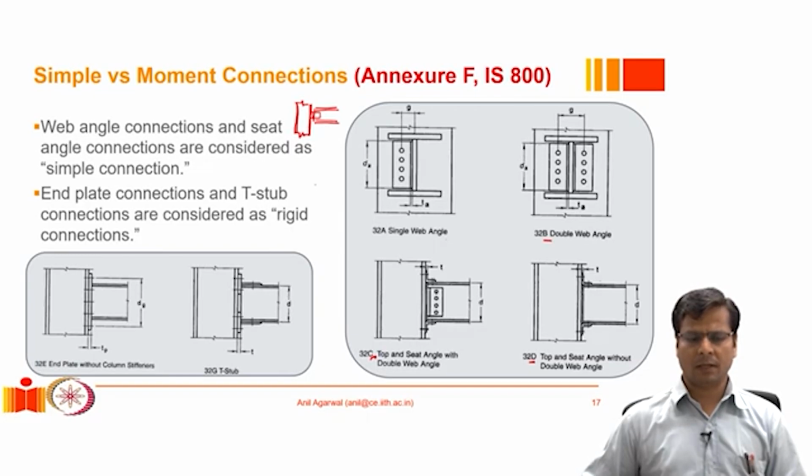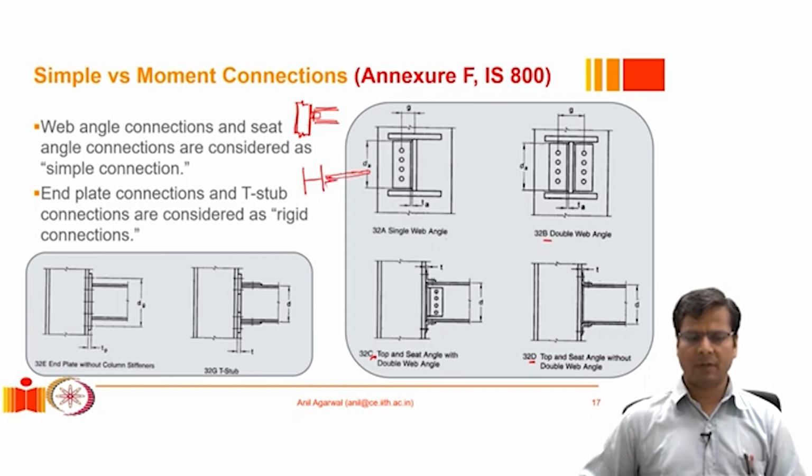Let me show this angle from the top also. This is the flange cross section. This is the beam flange. Let me go slightly below the beam flange and show the web of the beam. This is the web of the beam, which is coming and meeting the column here, and then we would have a single web angle.